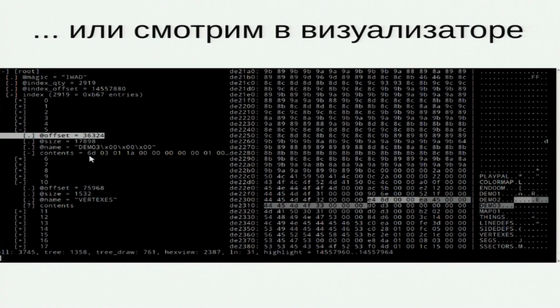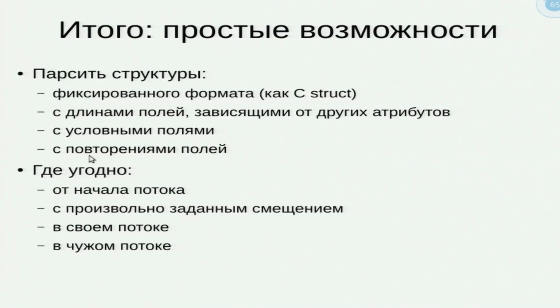Or we can look at it in a visualizer, and the view would be very similar to the one in hex editors. You can see the tree, you can see the dump, the location of the dump. You can move and see dependencies between elements, and so on. So that's basically it, I think. Thank you.